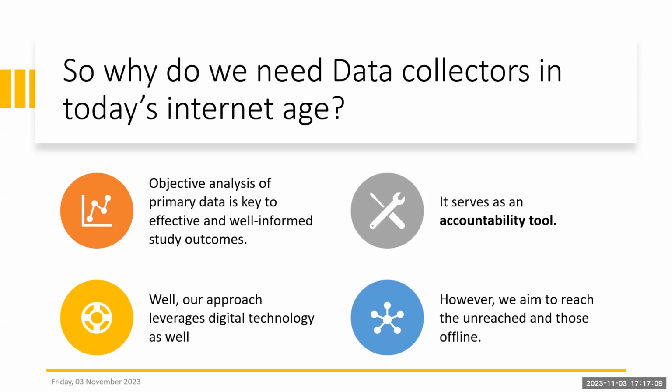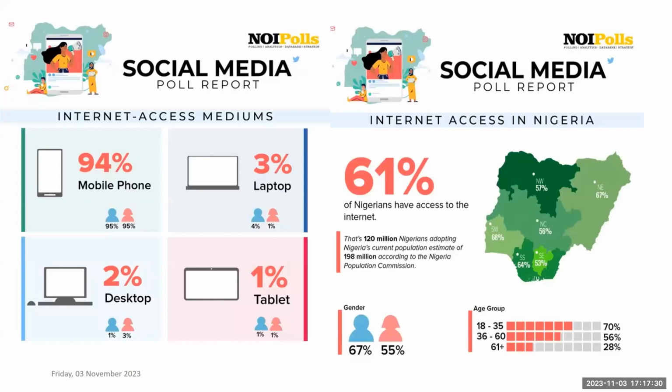Another important aspect is that we aim to reach the unreached, and those that are offline. There are certain people who are not reached during data collection or who cannot be accessed. For example, those that are offline, and they could be offline for many reasons. I give you an example. In Nigeria, for instance, internet penetration or access is just possible for 61% of Nigerians.